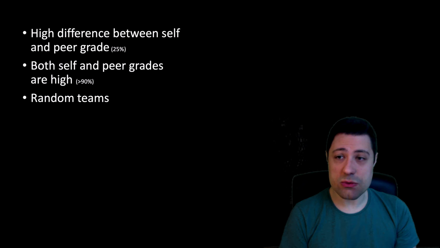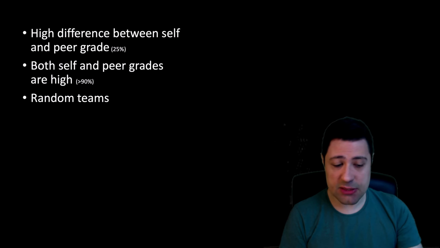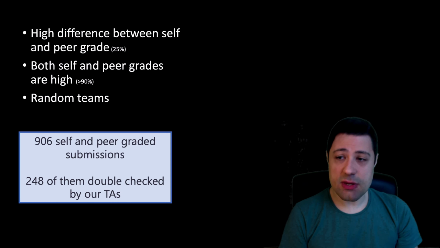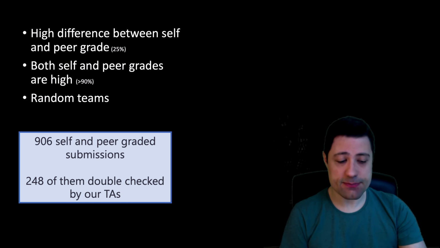And then we also did some random checks by selecting random teams. In the end, we received 906 submissions that were self and peer graded, and 248 of those were actually double checked by our teaching assistants.